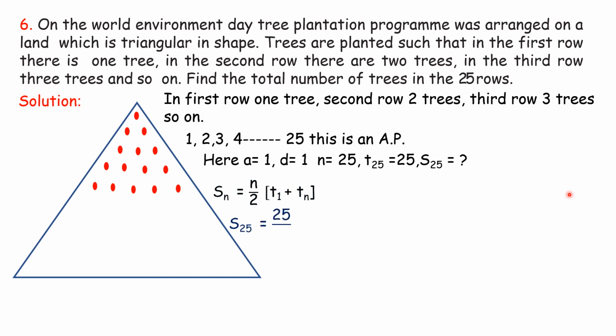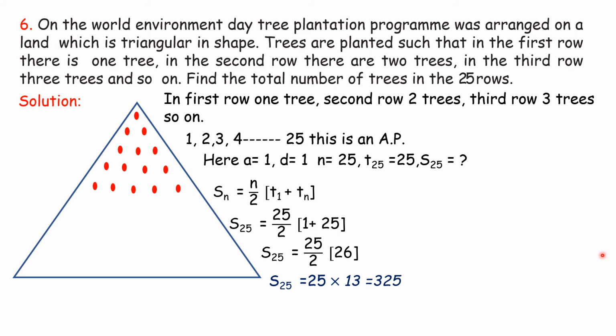So the sum of first 25 terms is equal to 25 upon 2 into first term, that is 1, plus 25th term, that is 25. 25 upon 2 as it is, 25 plus 1, that is 26. We divide 26 by 2, we get 13. 25 into 13, 325.